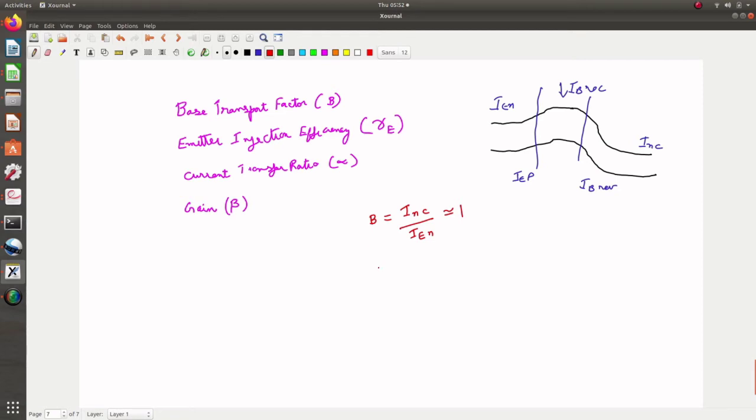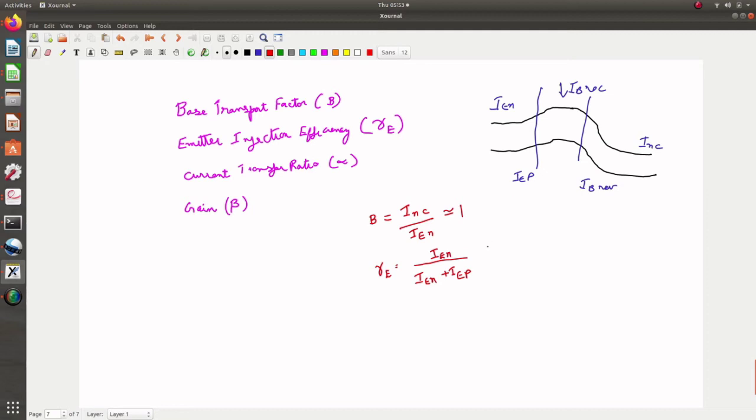Next one is the emitter injection efficiency. As again mentioned, the total emitter current will be IEN plus IEP, and the emitter injection efficiency tells us, out of the total, how much emitter current contributes to the collector current.